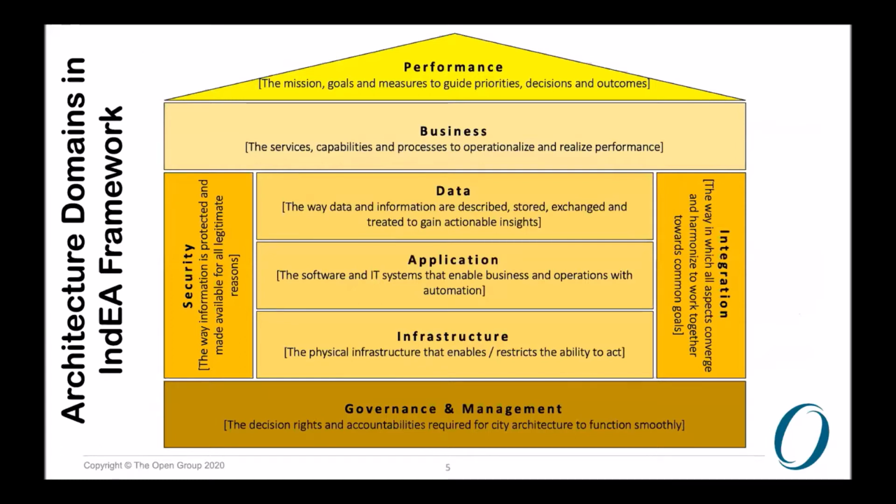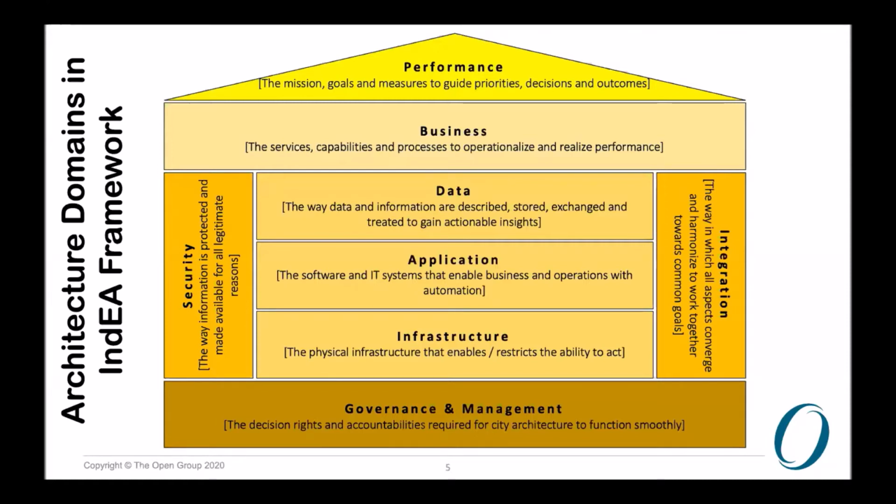So these are the 8 domains of the IndEA framework, starting right from performance, which talks about goals, measures, metrics, indicators, and so on and so forth. Then we come to the business domain, which focuses more on the services. So the G2C, G2B, and G2G services, the capabilities and the business processes required to operationalize those services.